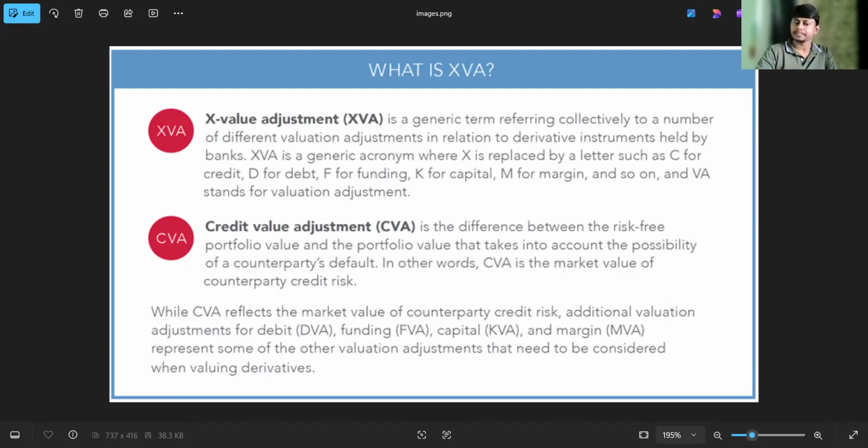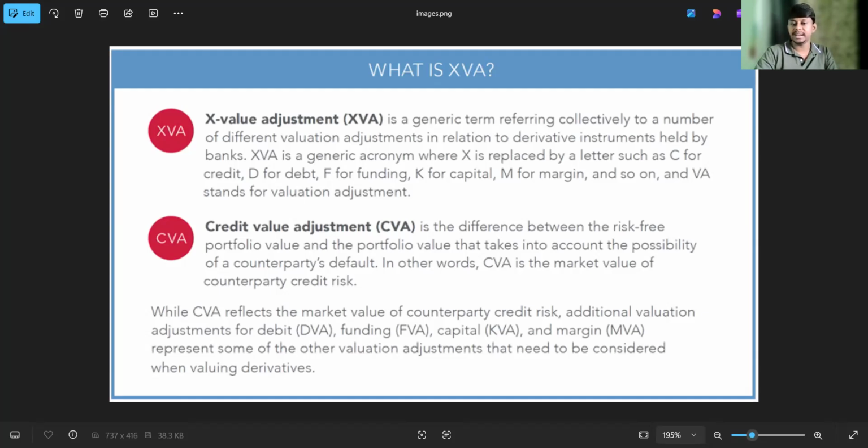The simple formula for CVA: the value you'd lose, weighted by the chance your counterparty actually defaults. The riskier the counterparty and the longer the trade runs, the bigger the CVA and the more it eats into the trade value. Riskier counterparties mean a bigger CVA.